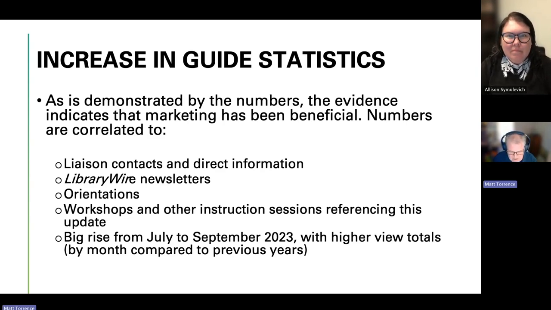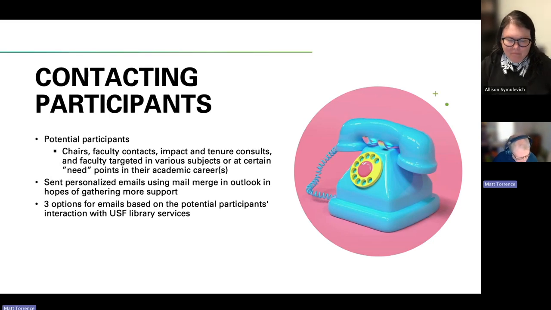So next, this is something we can both talk about, but for me, this was a big part of the work. We'll get into more in a moment about why it got more exciting at various times based on our geographic location. But we talked about the different groups that we specifically targeted, and we did send personalized emails. And we had those three options because we really didn't want to make it one size fits all.